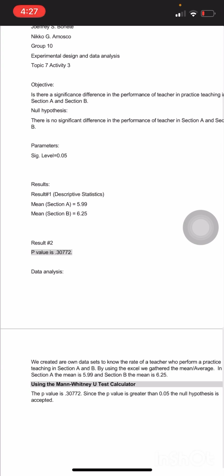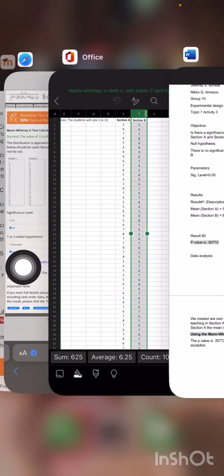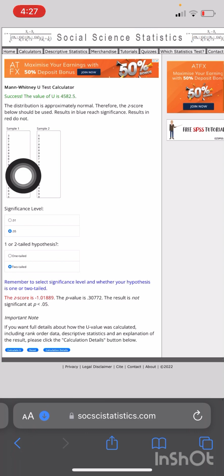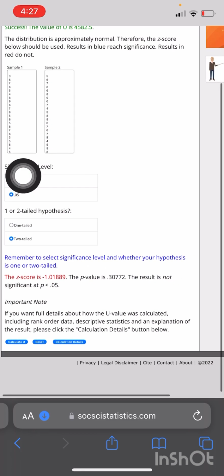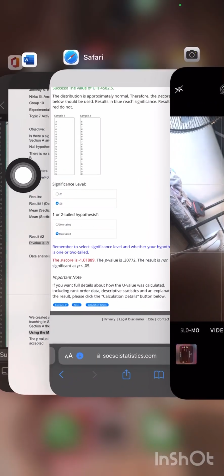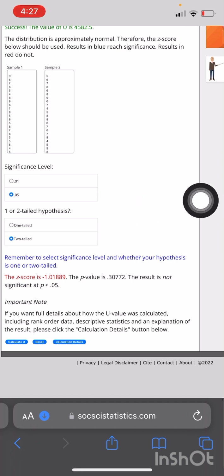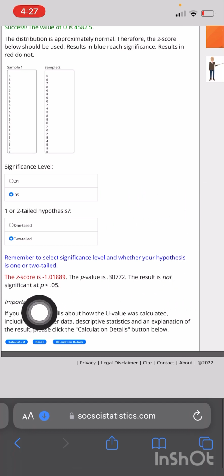We get this p-value using the online calculator. The result is not significant at 0.05.